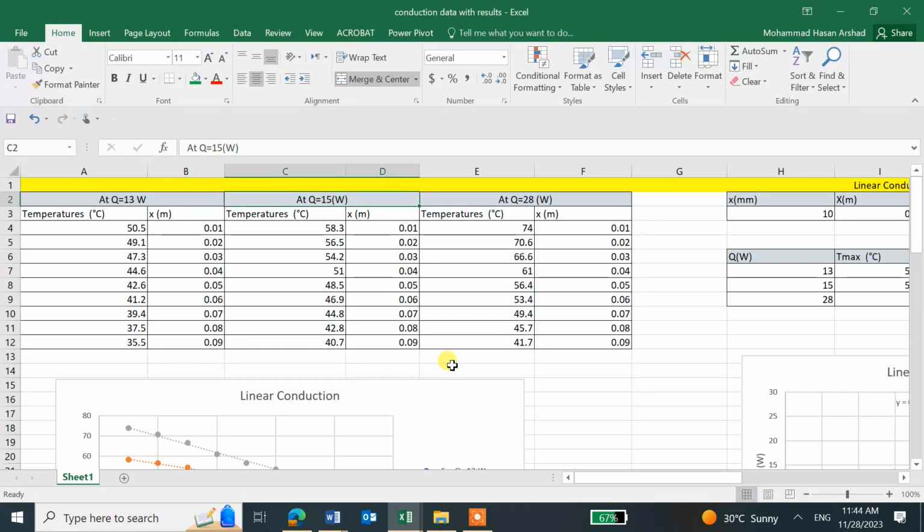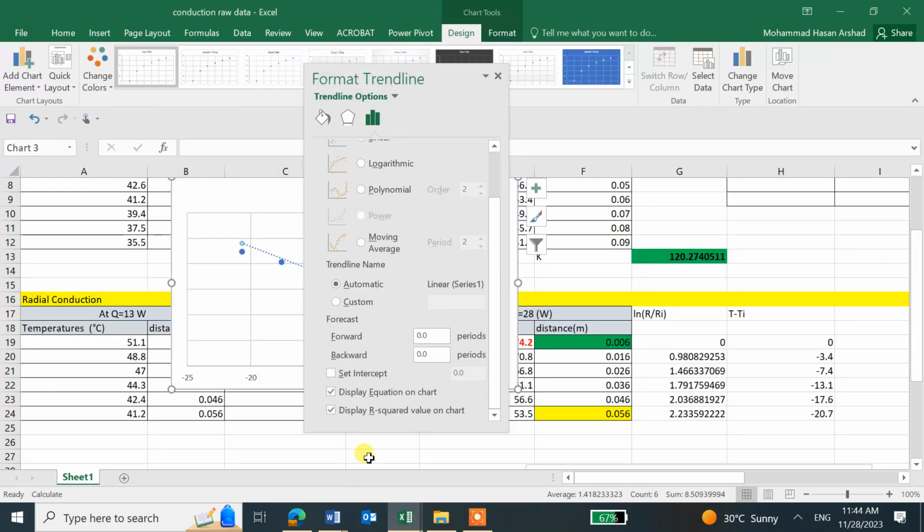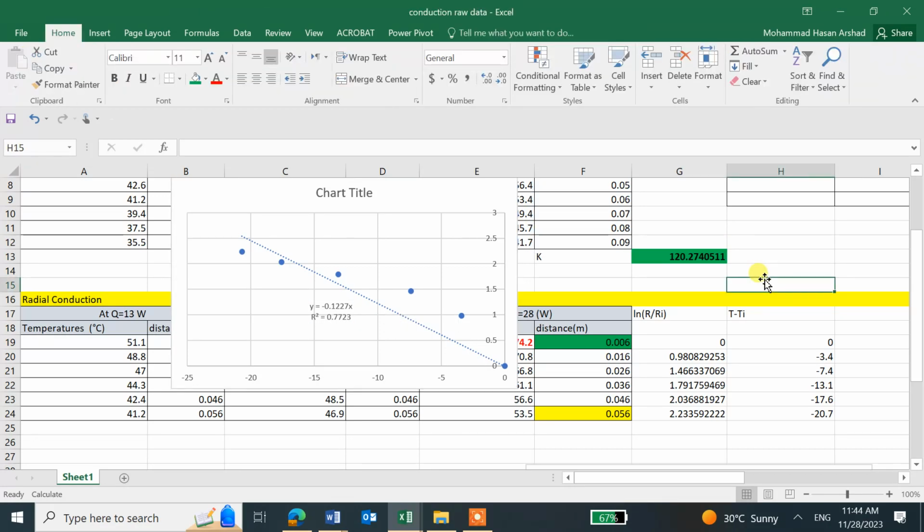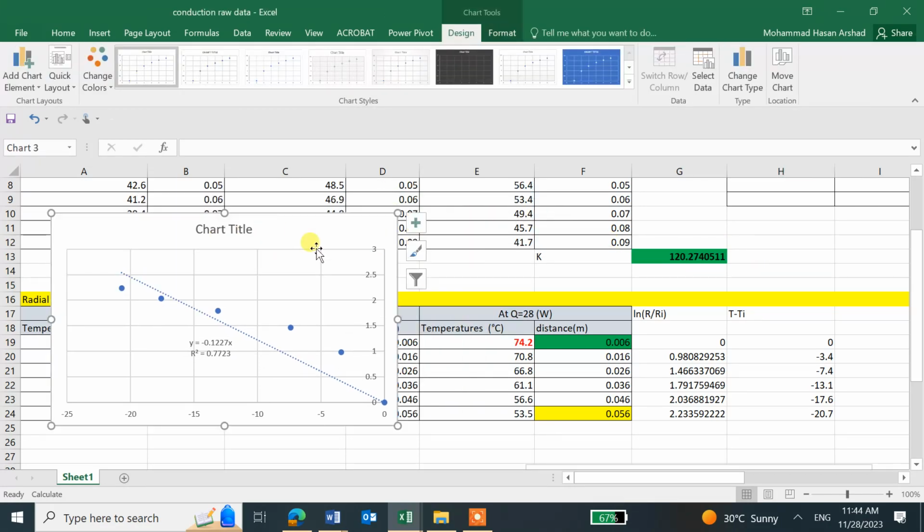In Excel, we can force the intercept to 0. This means we are really representing the real scenario. So I made the intercept 0, and you can see there is no intercept. The slope I got is 0.1227, and I did this for a Q of 28 watts.